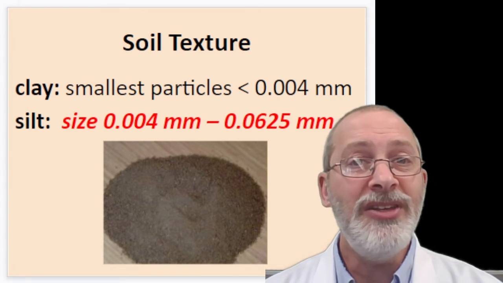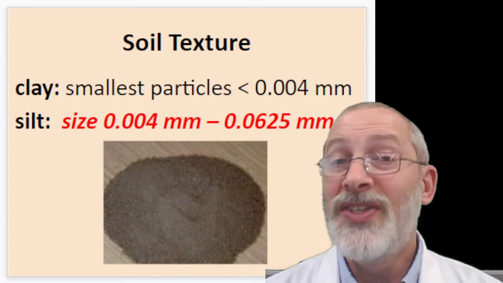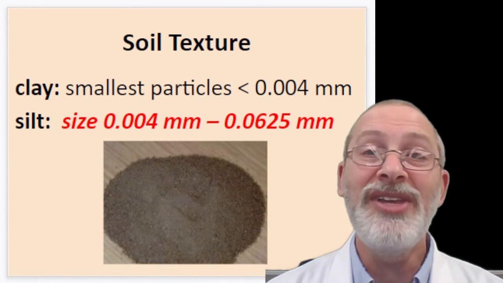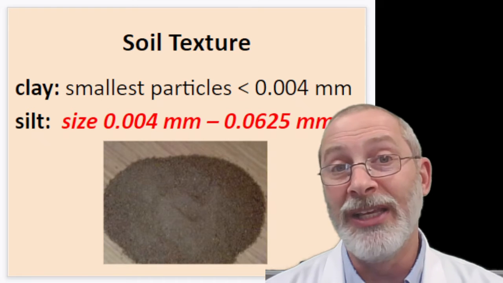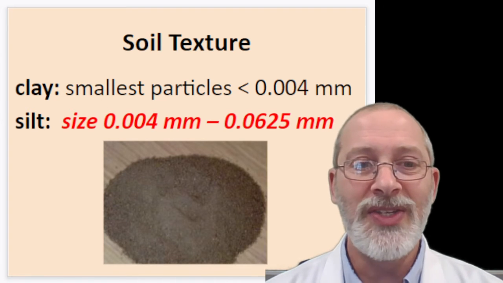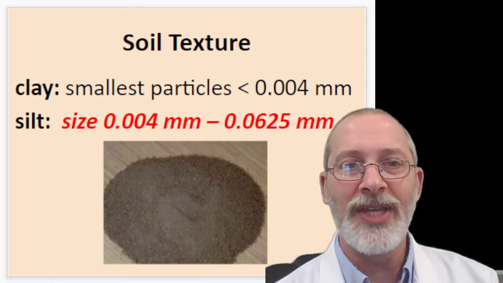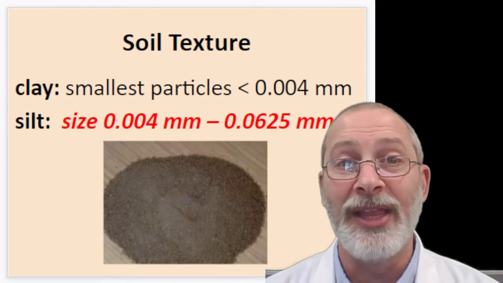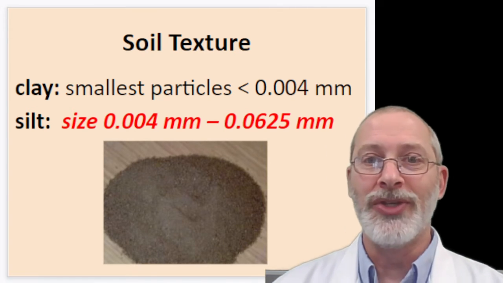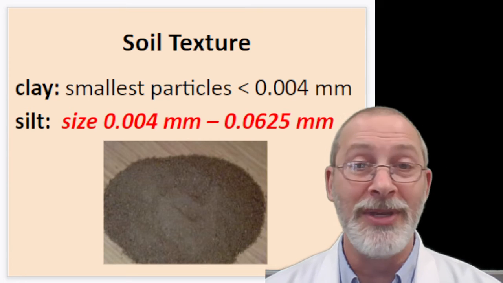But when you feel silt, silt feels silky smooth. At least I think so. Silt has a very cool texture to it. It's as smooth as, I would say, baby powder, because the grain sizes are about the same as baby powder.